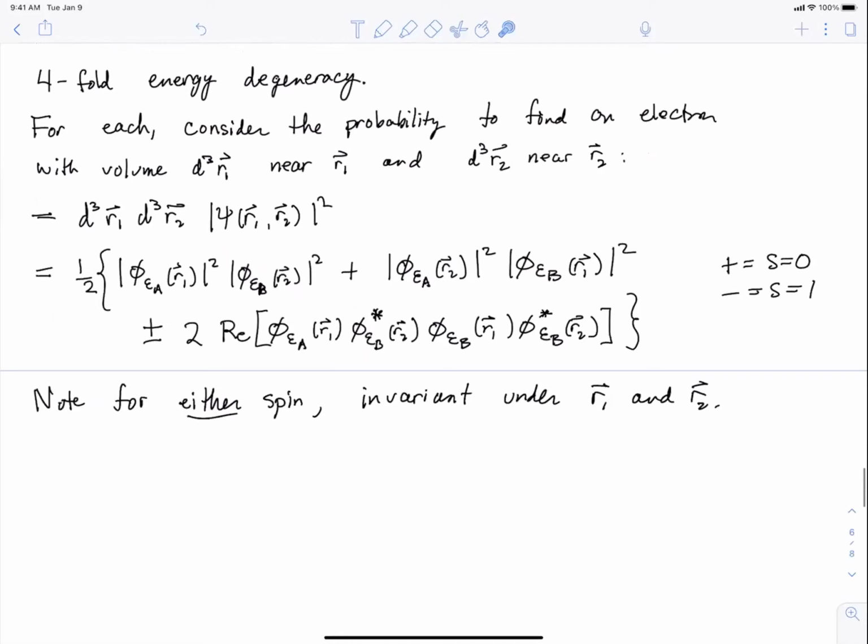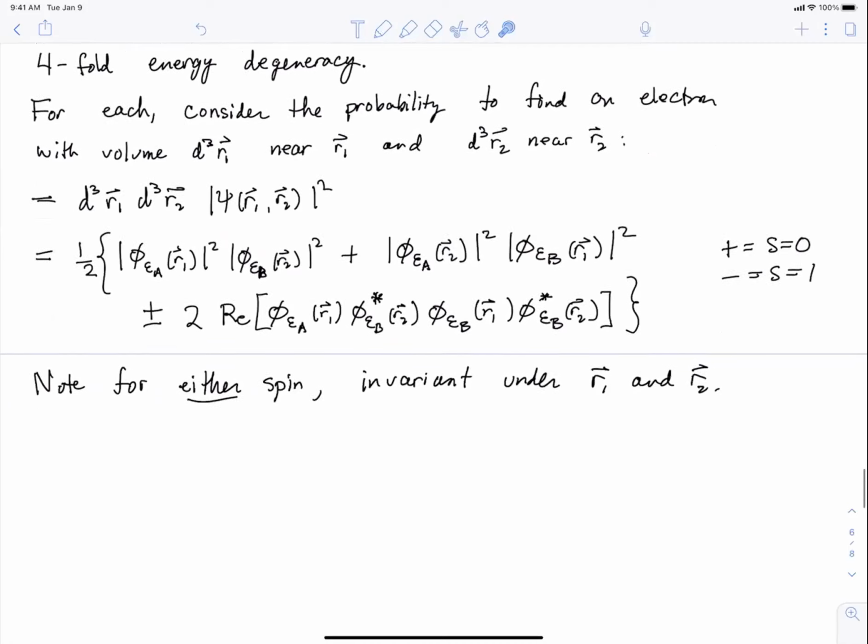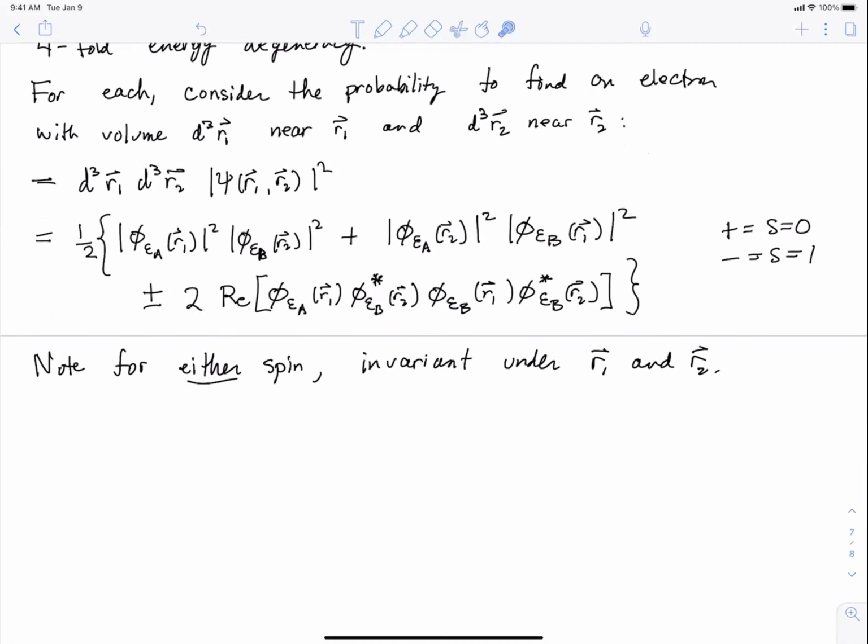And the real reason for that is even though the wave function flips sign for the spin 1 case, we're squaring it. And so when we square it, it doesn't change sign. And that's why the probability, which is the answer to a physical question, is something that doesn't depend on the label r1 versus r2. On the other hand, this term is a non-trivial plus or minus.